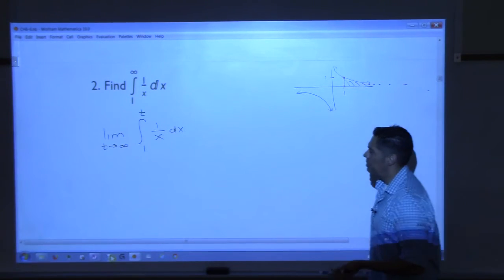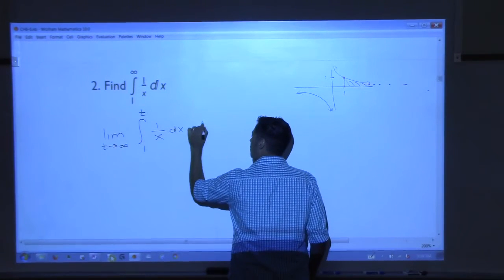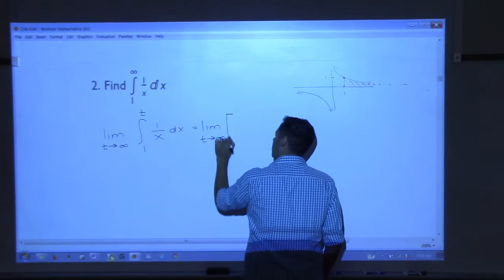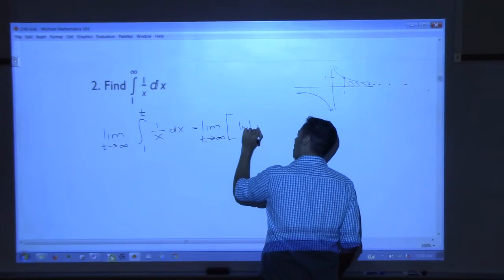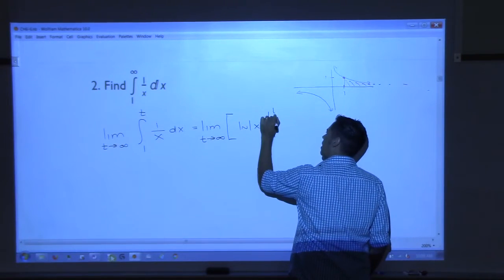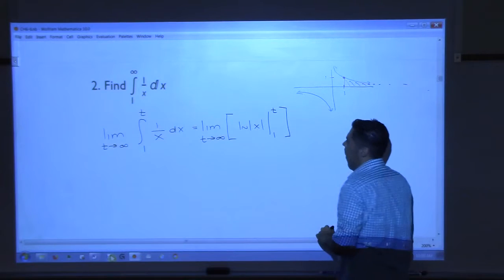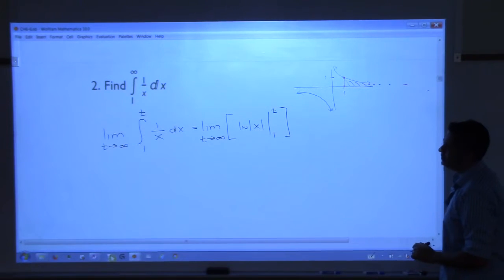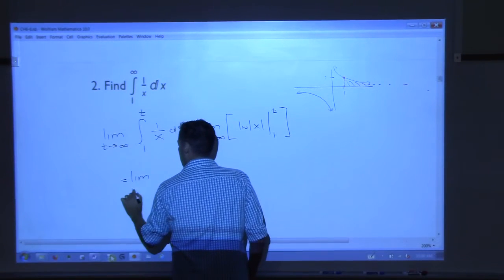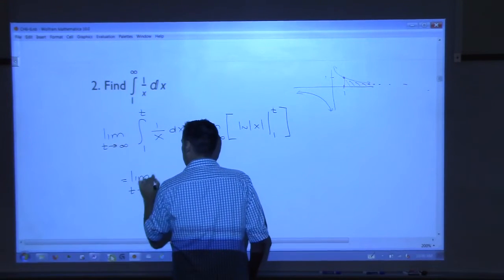And now we actually find the antiderivative, so I rewrite the limit. My antiderivative is natural log of the absolute value of x, right? Then my evaluation bar, 1 to t. And then that's the limit, t goes to infinity.